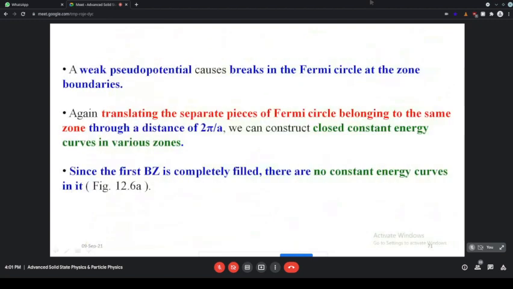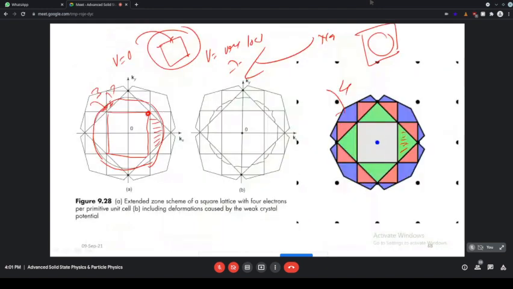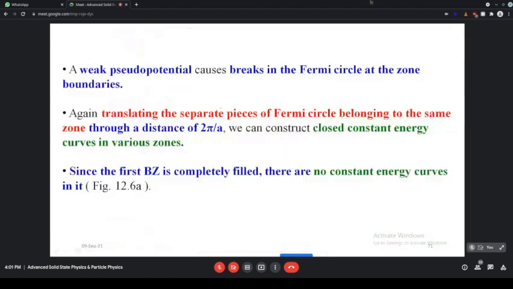If you consider the weak potential, then discontinuity will appear at the surface and there will be distortion in the Fermi surface. There will be distortion or breakup at the zone boundary. By applying the reciprocal lattice vector, we can obtain closed energy curves. In that, the first Brillouin zone is completely filled; these are completely filled energy levels.